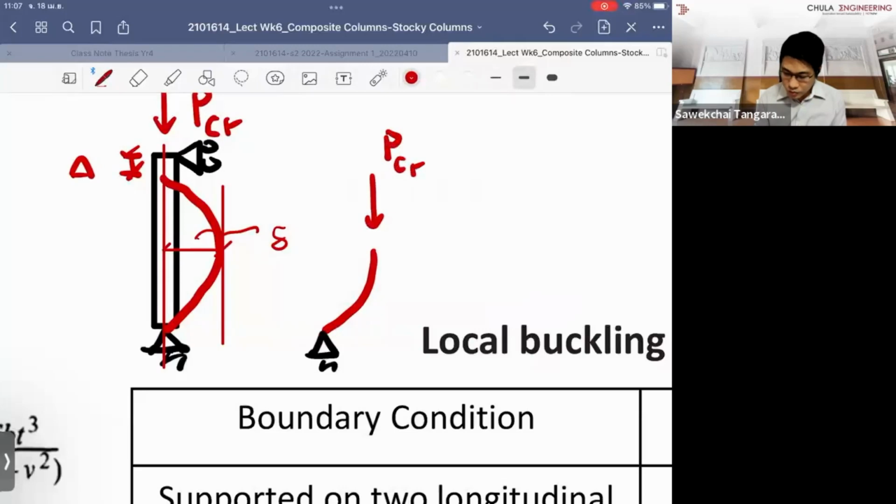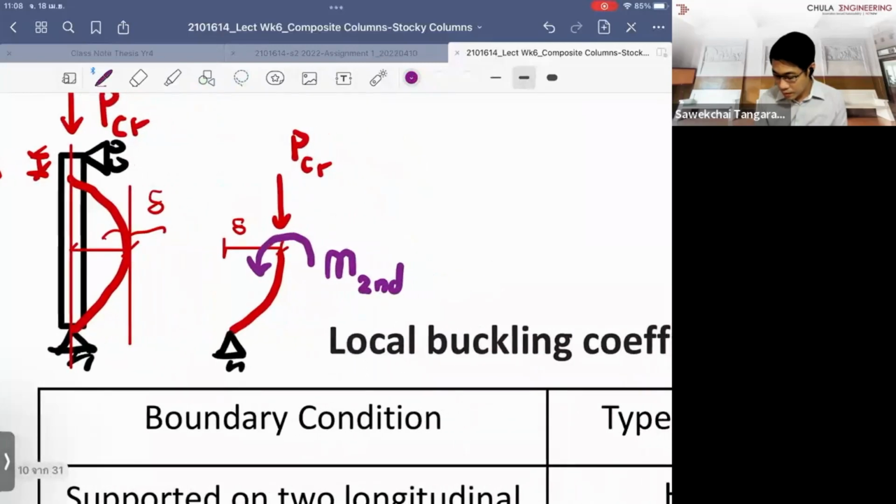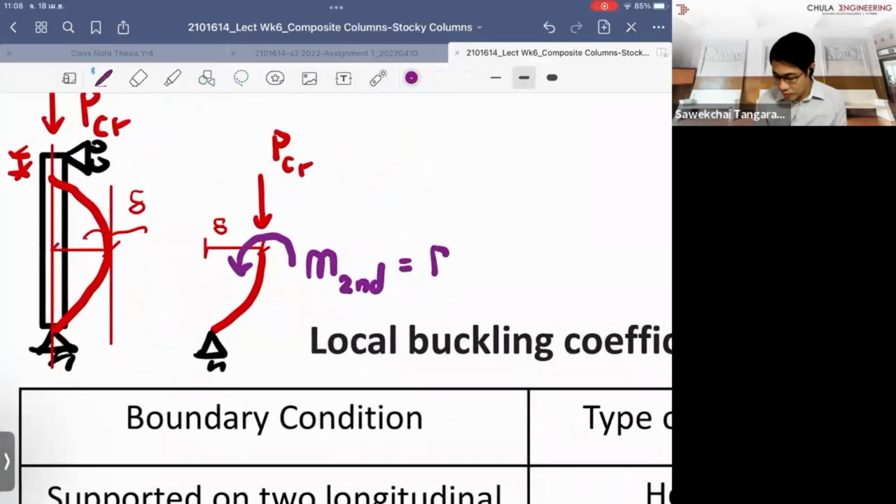And you got the eccentricity, which is equal to the delta. This one will form what is called a secondary moment, and the secondary moment is equal to Pcr times the delta.